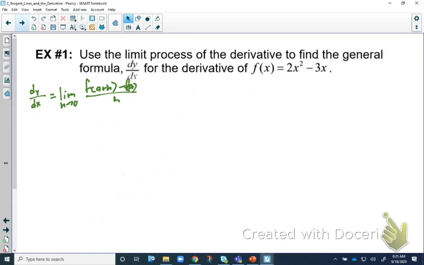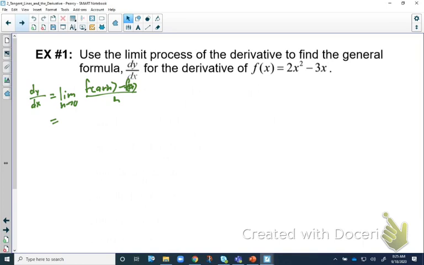And whether you think of a as the input or x as the input, it's still an input. On the last slide, the limit definition used x instead of a. But anyway, let's go ahead and start plugging this in.